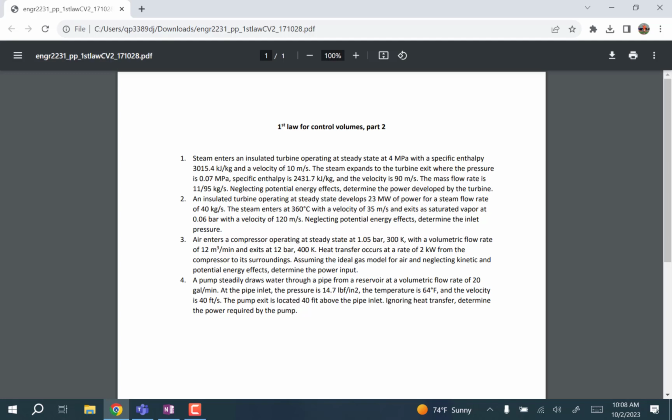So we're going to go to the saturated vapor table and look up 0.06 bar, which I think is one of the little subtables in there. So we can just look it up directly.